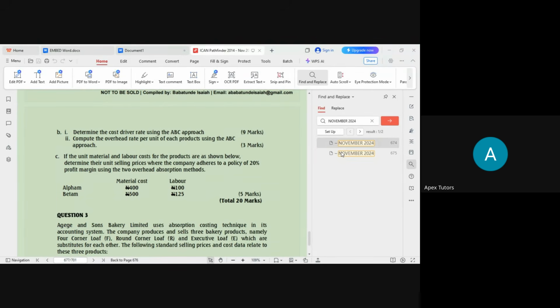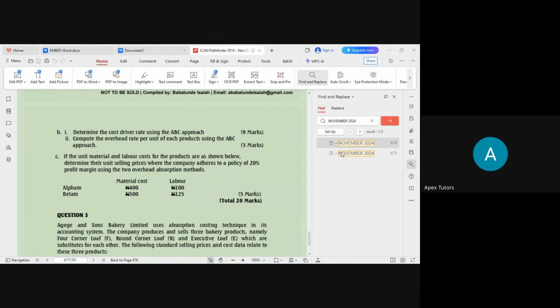Some people have finished solving the whole Pathfinder. And please, when you see people solving, it's not that they are trying to intimidate you. They are just trying to share knowledge so that when you have issues, you can benefit, and when you don't know, you can ask. That is the essence of the platform.